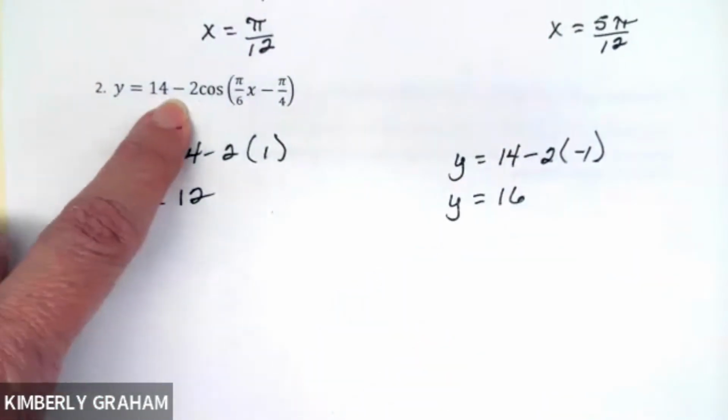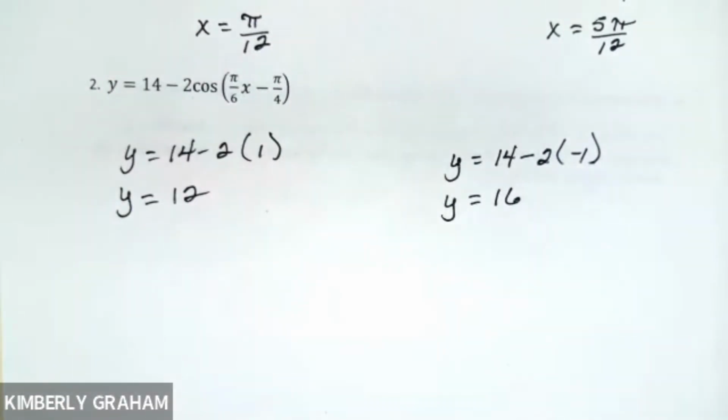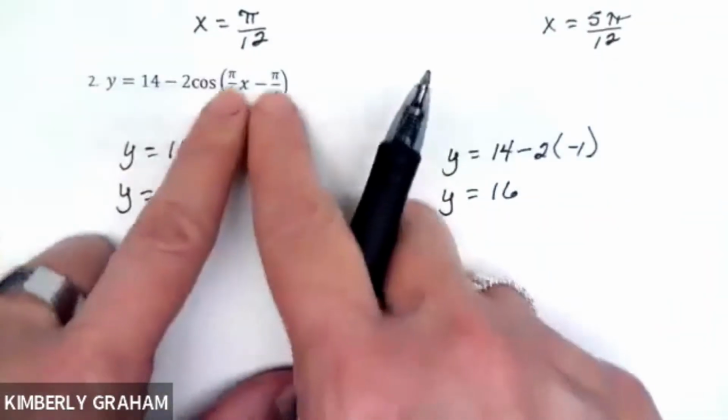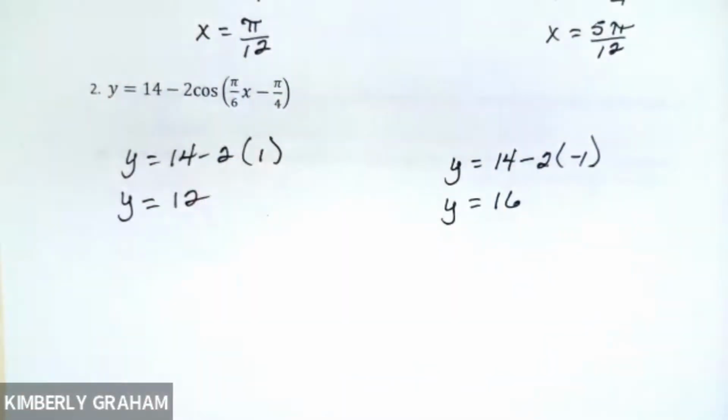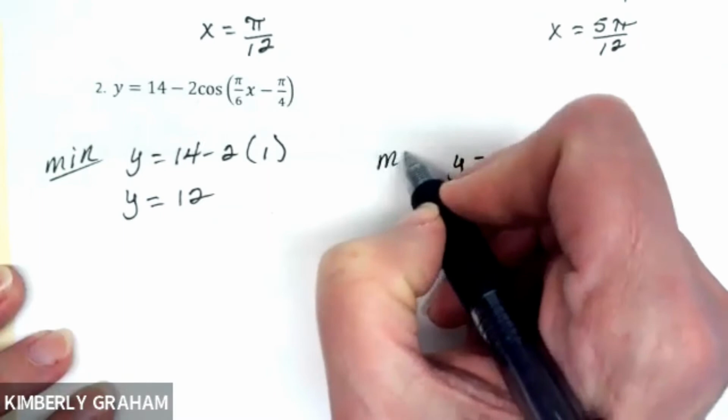Because there's a negative up front here, a subtraction, I actually have my maximum at -1, and my minimum value is at +1. Right? So this is my minimum value, and this is my maximum value.